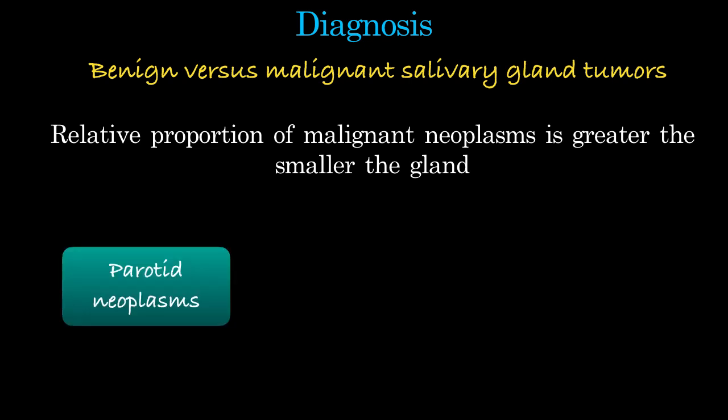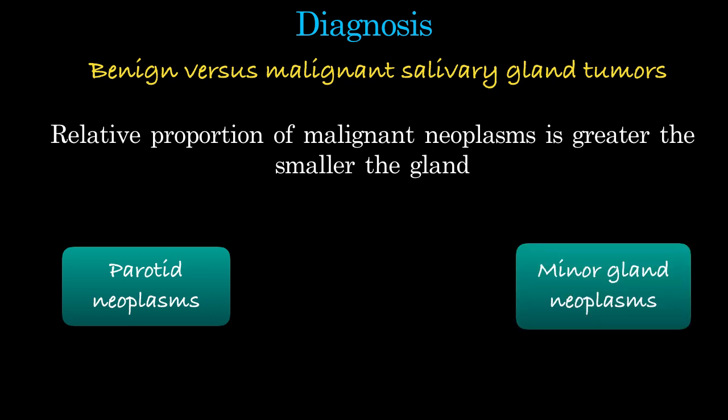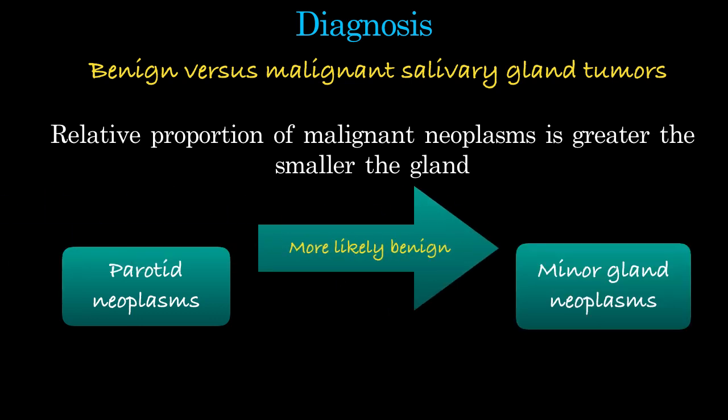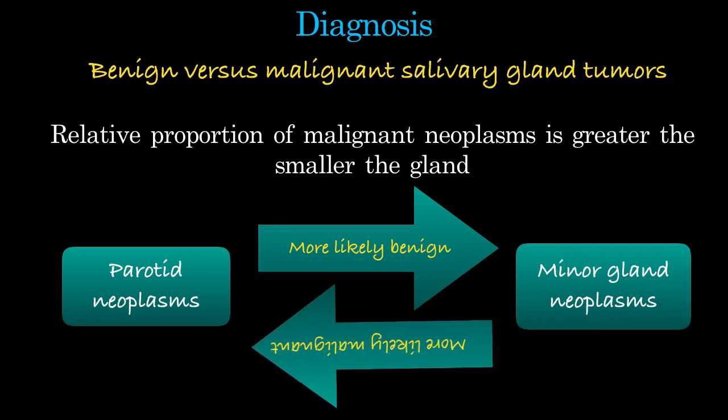Meaning that if we have a parotid neoplasm, it would be more likely to be benign, while the minor glands will be more liable to have malignant tumors. This is a rule that you have to memorize: minor glands are more liable to malignant tumors, much more than the major glands.